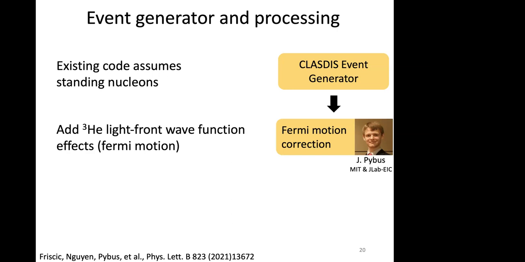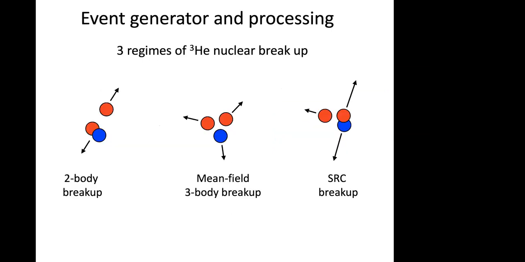The thing is that helium-3 has very complicated breakup channels. It has a 2-body breakup channel, a mean field 3-body breakup channel, and it also has an SRC breakup channel. So we need to combine all of these reaction channels in order to create our sample.